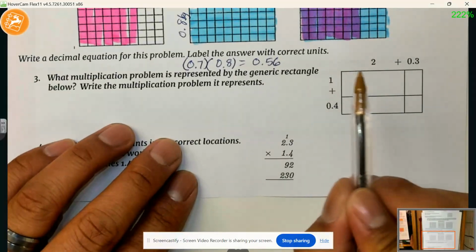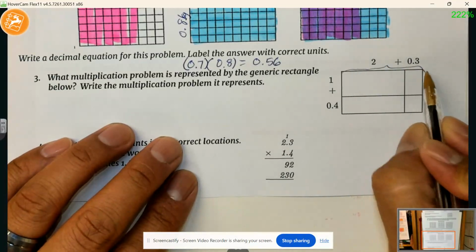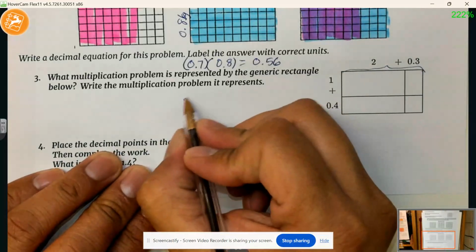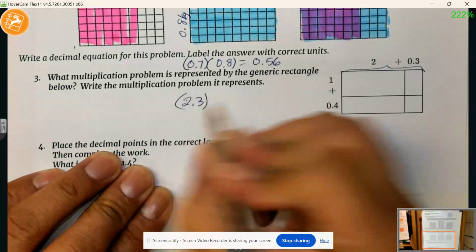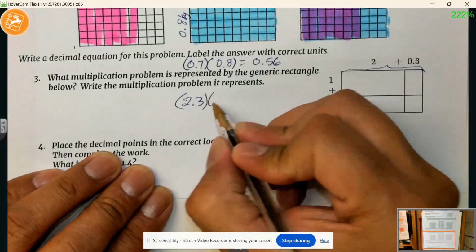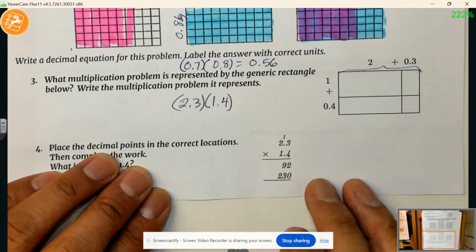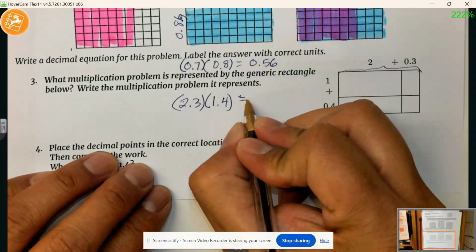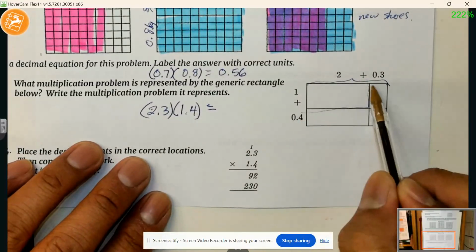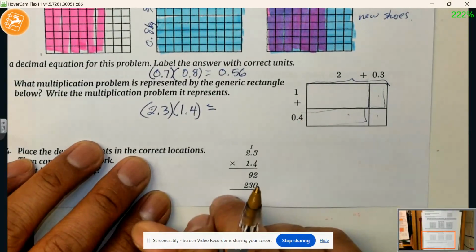All right, and we'll see that this side is 2 plus 0.3, so that is 2.3, and we're multiplying it by this one, which will give us 1.4. Okay, so let's go ahead and figure it out. Let's see what this is. So this generic rectangle, remember we have to find the area of this rectangle, the area of that rectangle, and then we have to add them all up.